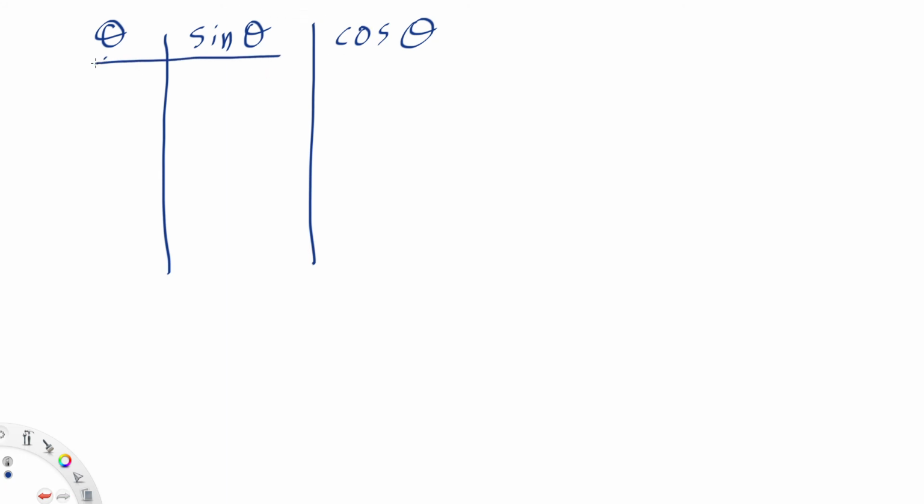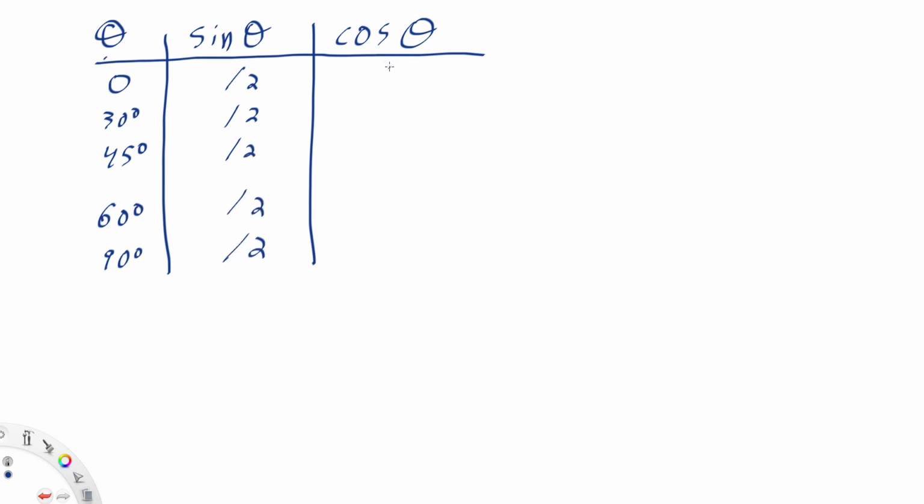There we go. So the important angles that we're supposed to remember are 0 degrees, 30 degrees, 45 degrees, 60 degrees, and 90 degrees. The values of sine and cosine for these angles are all going to be divided by 2. And for those of you who have never seen the way I'm about to present it, you're going to wonder why your trig teacher never showed it to you this way.